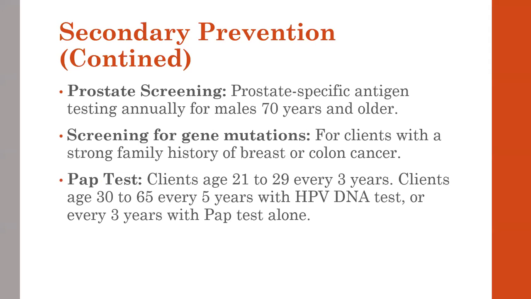And so all of these are secondary preventions. Tertiary prevention is going to be early care, and we want people, once they're diagnosed, to be able to live the best life that they can. Okay, so primary prevention, we're stopping the disease before it happens. Secondary, we're doing early screenings and early diagnosis. And tertiary, you've already got this disease. Now, how can we best improve your quality of life?